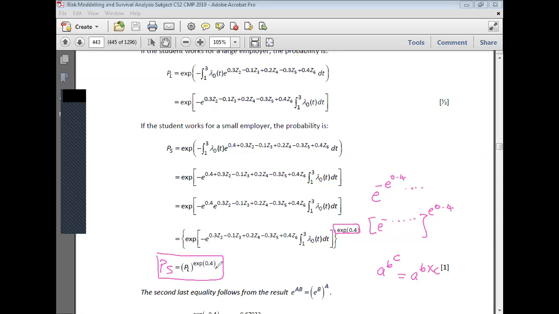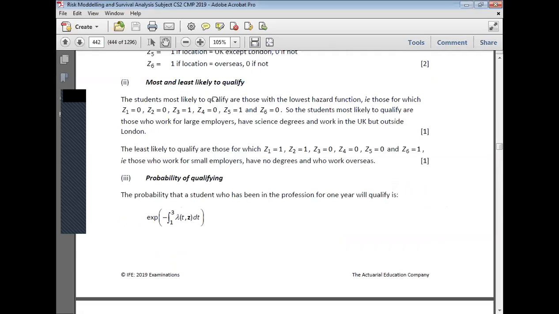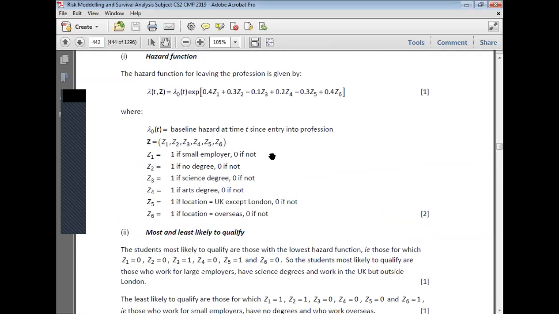So the only tricky part here would be to actually sit with the question and think, what is it that they are trying to ask you about? And once you figure that thing out, then it is very straightforward. So here we were asked to figure out the probability, but other times you might just be asked about the hazard function. So all you will have to care about is comparing this hazard function.